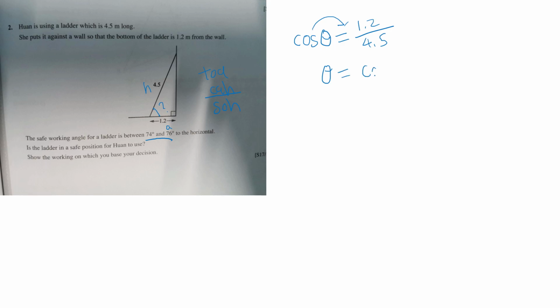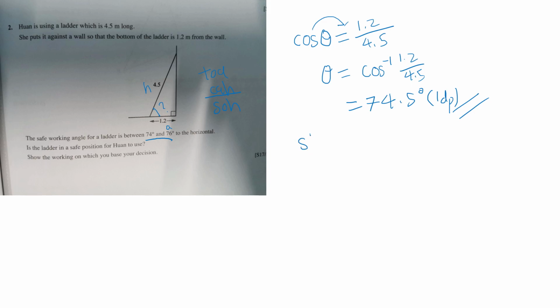When we move over cosine, it becomes cosine inverse of 1.2 over 4.5, and this will give me 74.5 degrees. And this is to 1 decimal place, which will be my answer.